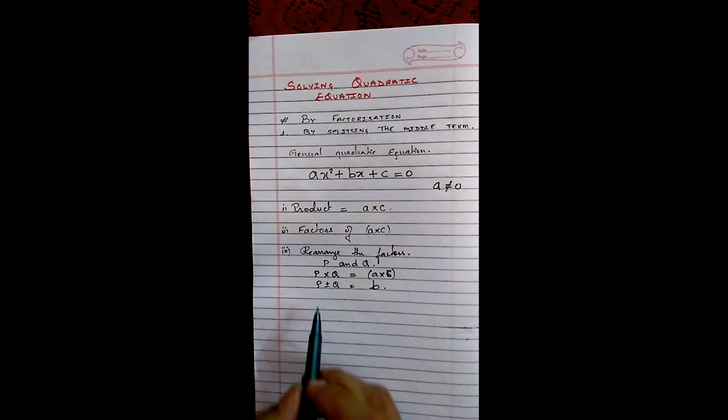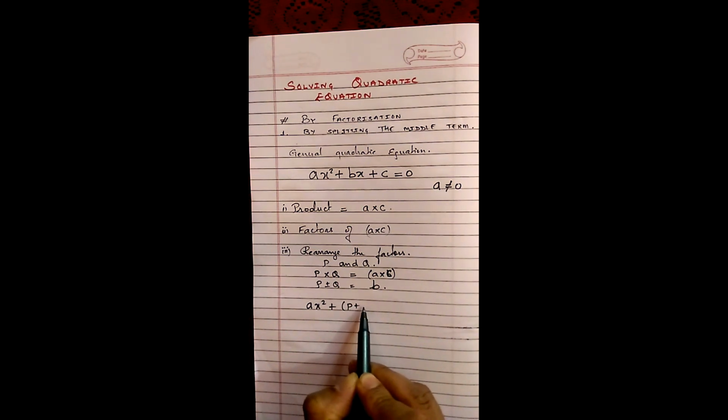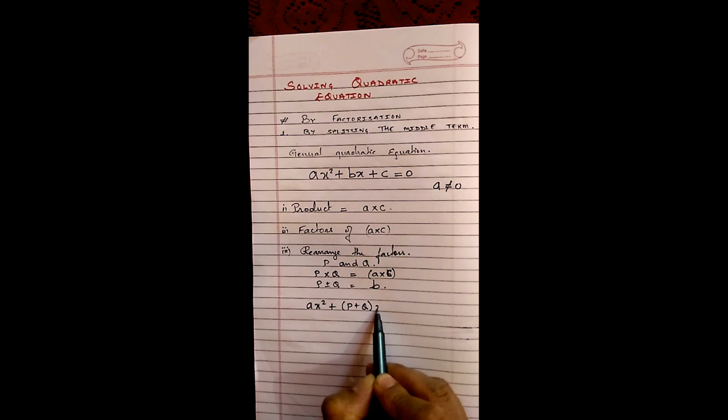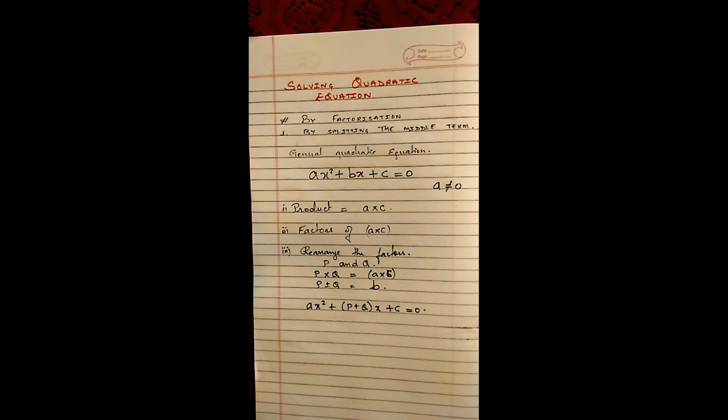Okay, so we write ax square plus (p plus q) into x plus c equals to 0. Then we simplify this and write it like this.